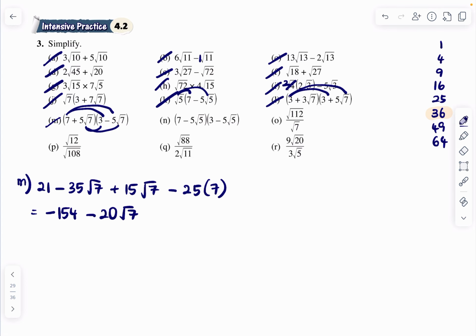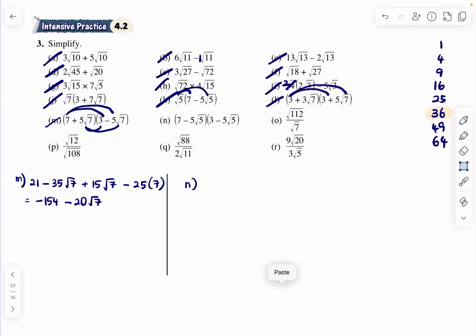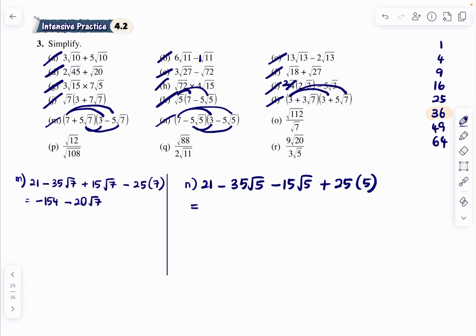Okay, let's look at N. Maybe we make it a bit smaller. And same thing, you expand. So 7 times 3 is 21. Then 7 times this, we get negative 35 surd 5. This times this is negative 15 surd 5. Then this times this will be positive 25 times 5. 5 times 5 is 25.